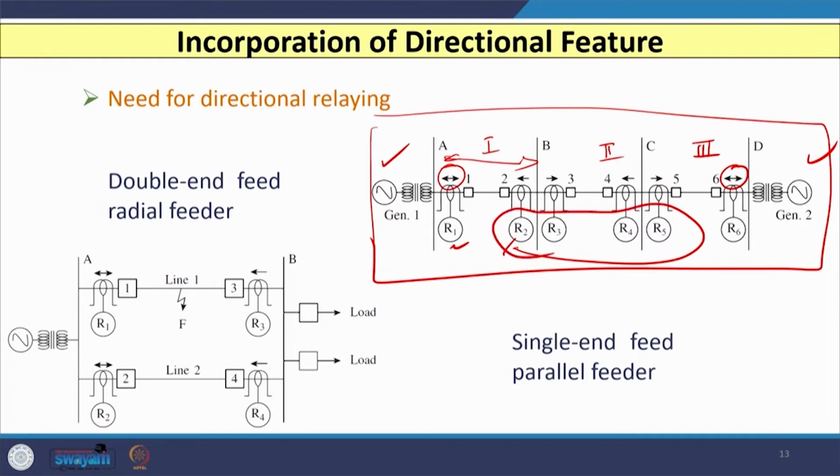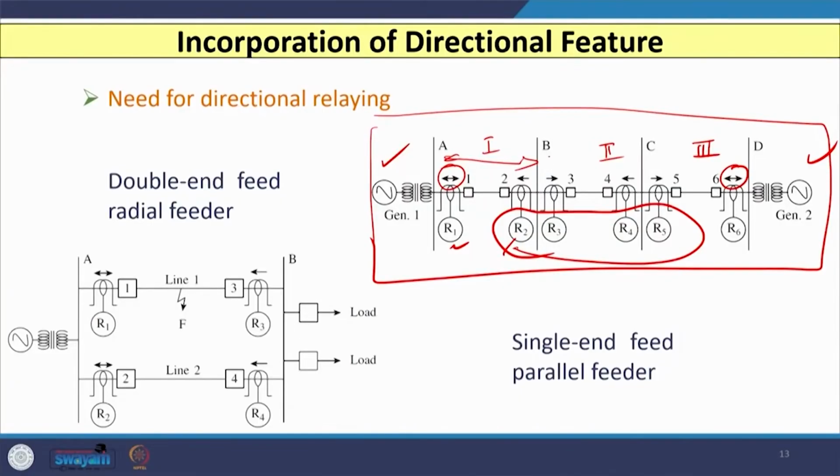How do we decide? We assume that at a particular location where the magnitude of fault current reverses, we treat that relay as directional, and the direction we always take away from the bus. So, you can see that R2, R3, R4, R5 are directional relays and the direction is like this.